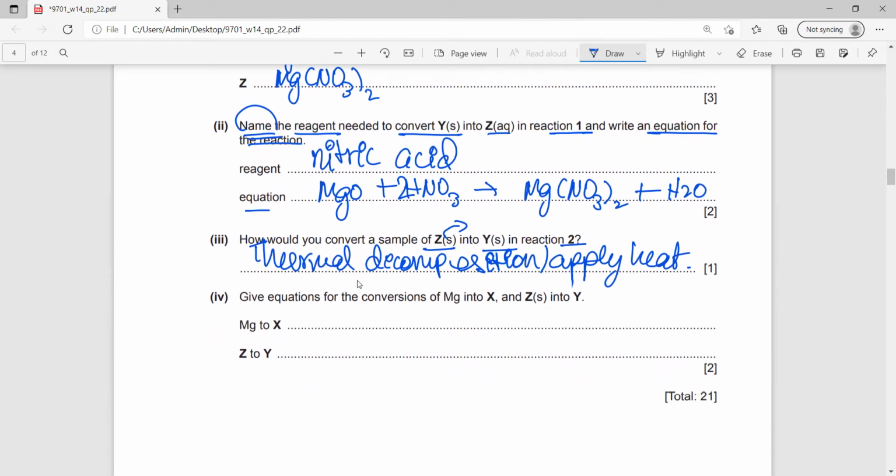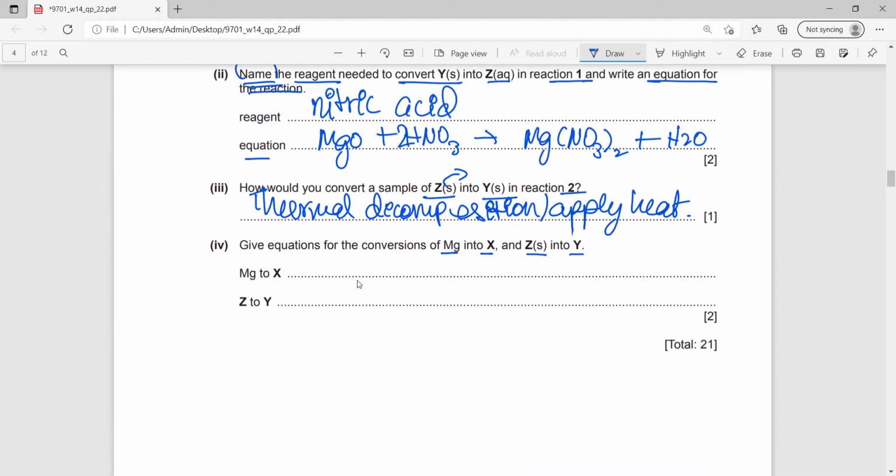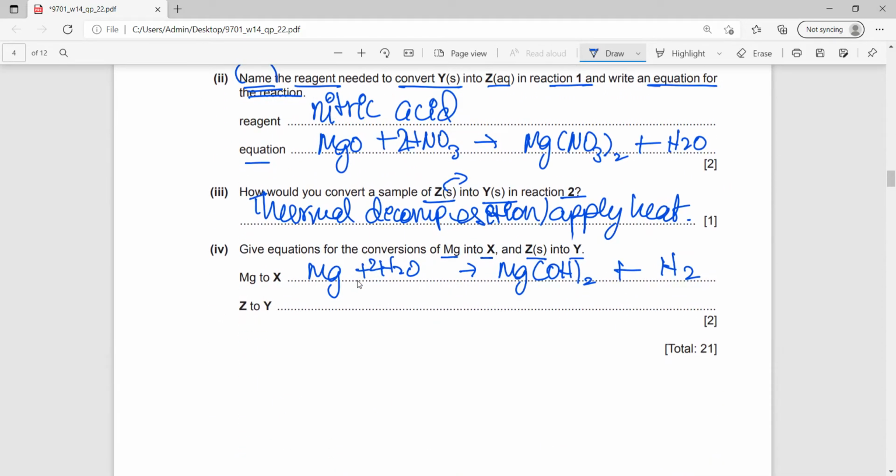And then give equations for the conversions of Mg into X and Z into Y. So Mg to X was Mg(OH)2, so Mg plus 2H2O gives Mg(OH)2 plus H2, right? So there has to be two O's, so 2, 2, 4, 2, 2, 4, right? This is perfectly balanced. And Z to Y is the thermal decomposition reaction.